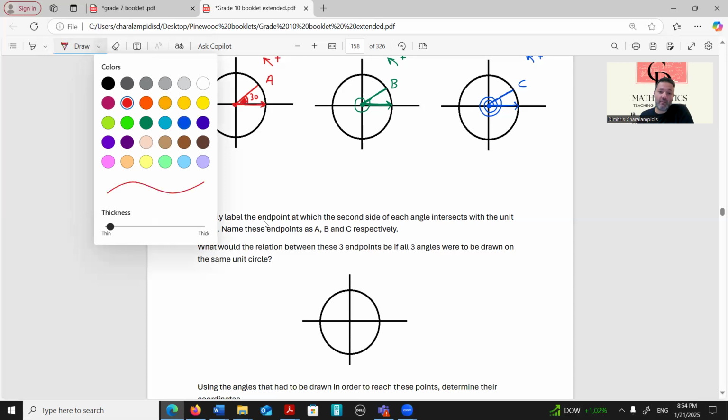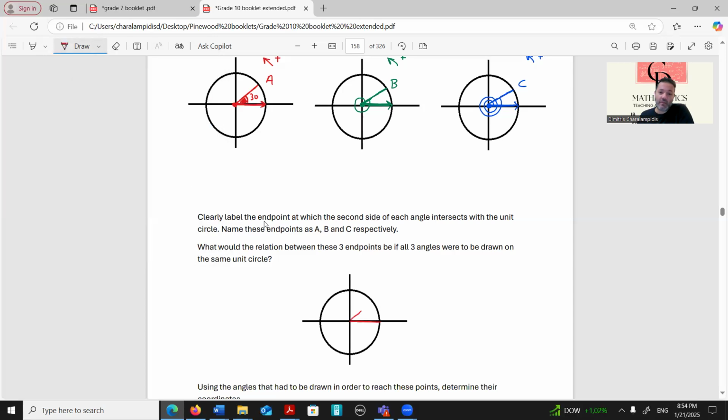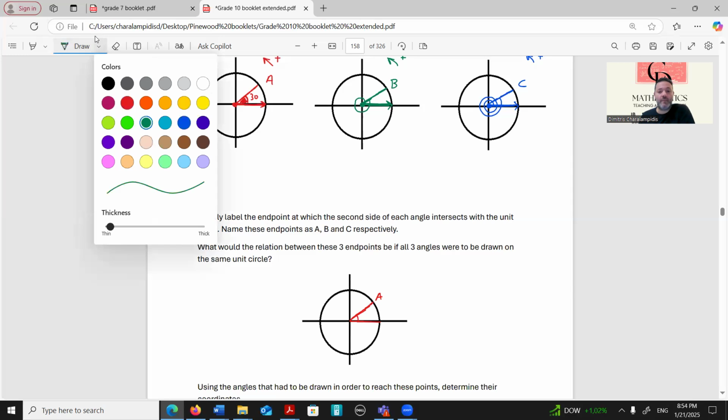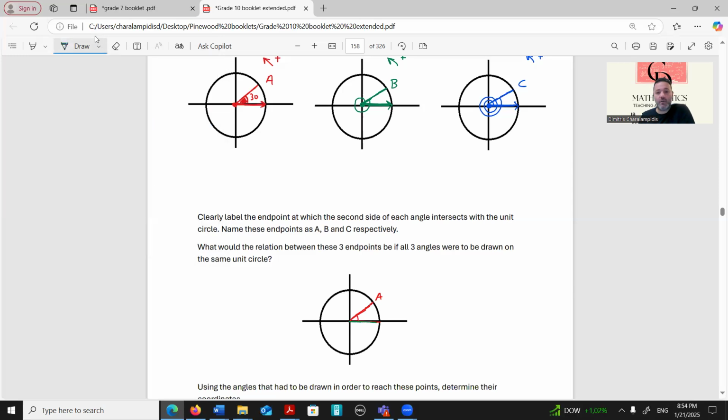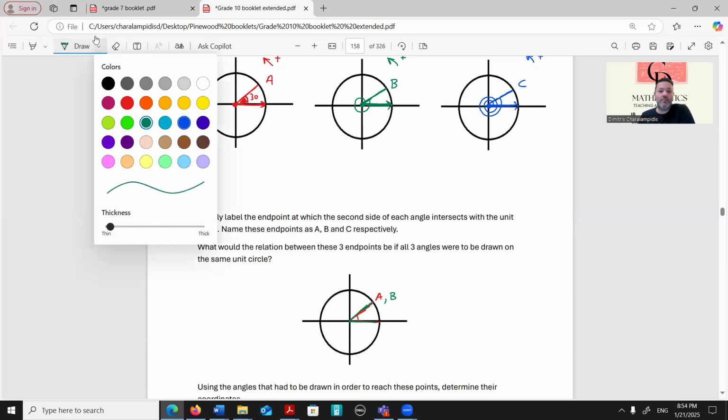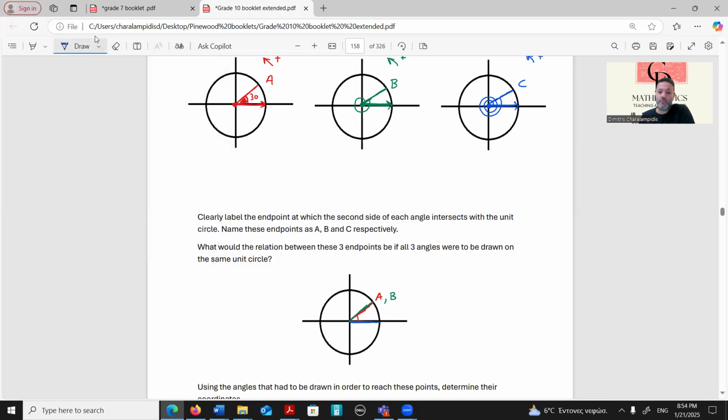It can be seen clearly that if this is 30 degrees, here we would get point A. For 390 degrees, here we would get point B. And finally, for 750 degrees, we would get point C respectively.